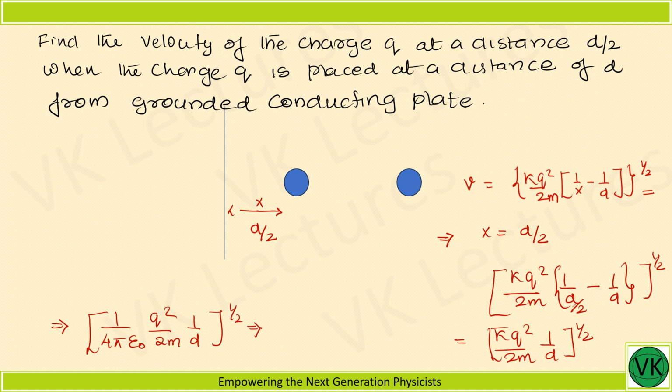So here again, 1 by 4 pi epsilon naught, so that's q square by 8 pi epsilon naught md to the power half. So this is the velocity at d by 2.